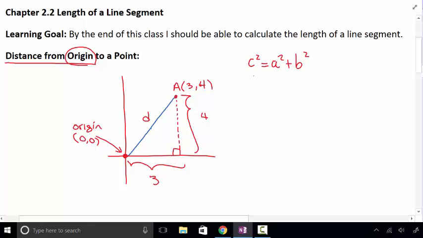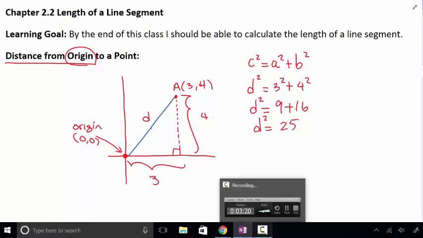So my C, I labeled it D. Okay, so my distance squared is equal to A squared, which is 3 squared, plus B is 4, so 4 squared. And so now I get 9 plus 16, and that's D squared, and D squared is equal to 25.